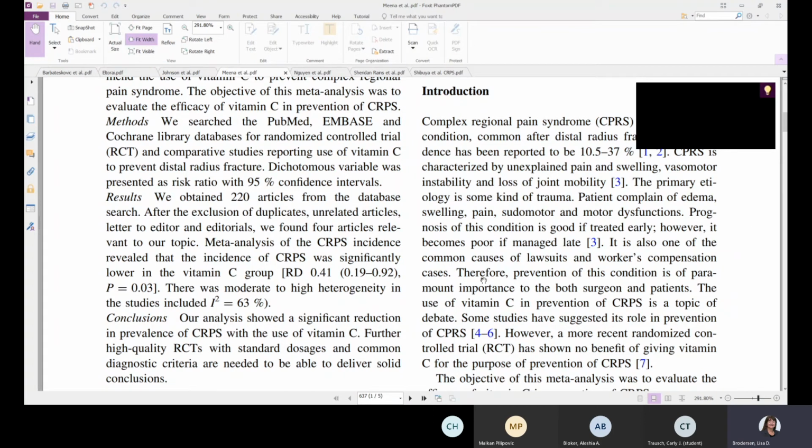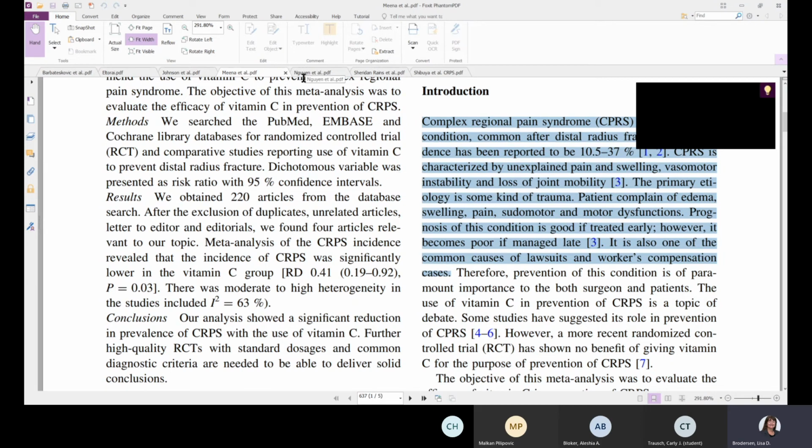Moving on to their point that it's important to prevent it, which leads them into the preventative measure, which is vitamin C. Okay, so basically the introduction of the main problem is right here in this first several sentences. And you can see they got by with citing 3 sources there. So just another example of a problem introduction.